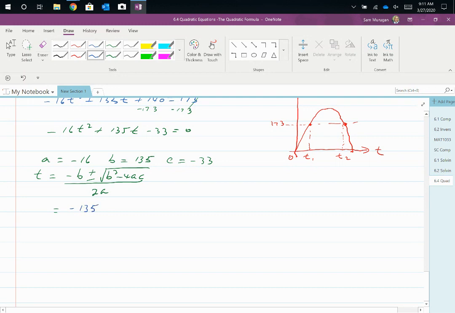Negative 135 plus or minus the square root of 135 squared minus 4 times negative 16 times negative 33, over 2 times negative 16.